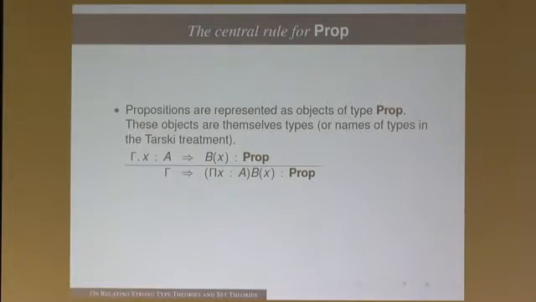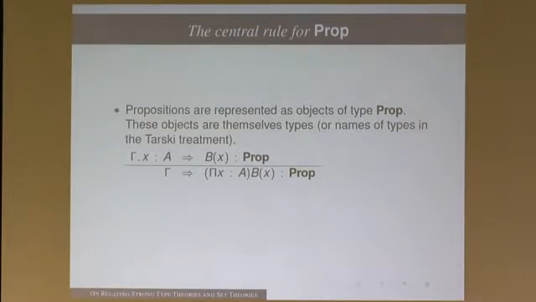So to characterize Prop, this is here written as a rule in natural deduction. So this gives the inductive clause for defining the type Prop. So the situation is, we have some context gamma. This is actually a sequent calculus rendering of it, so just ignore this.